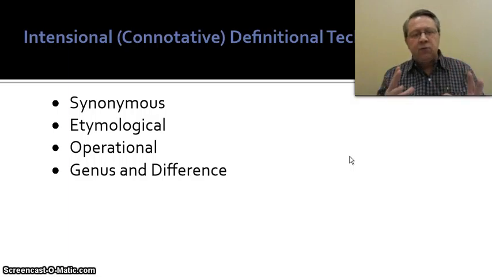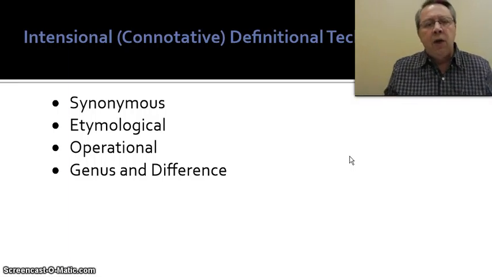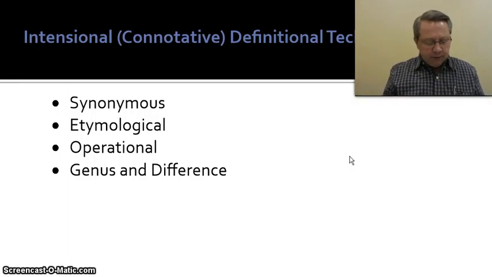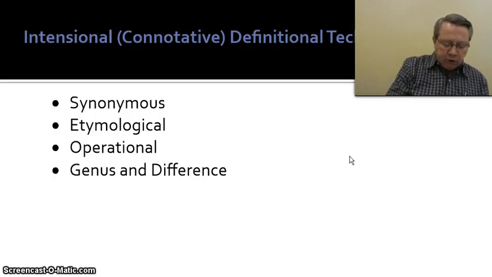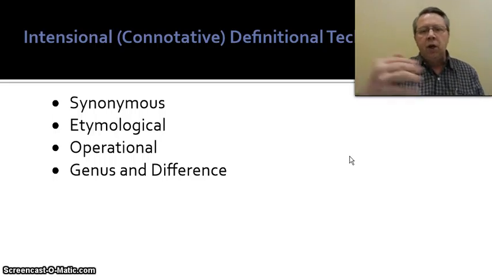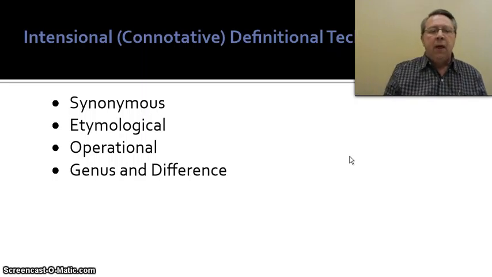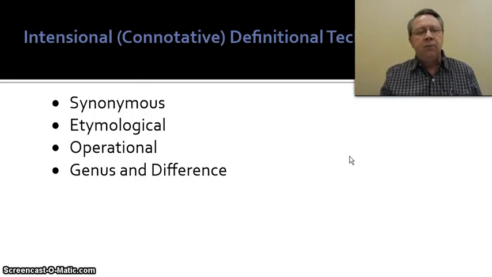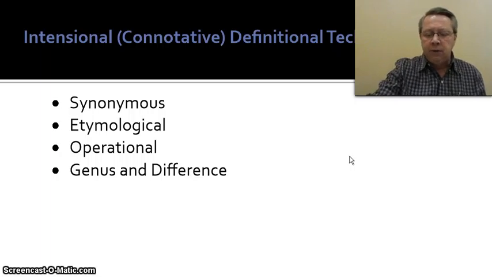This is one of those things you've got to think through to keep clear. Intensively, when we talk about indicating the qualities or attributes that the word contains, we're going more inward. As a result, we'll use synonyms, etymological, operational, and genus and difference definitions.